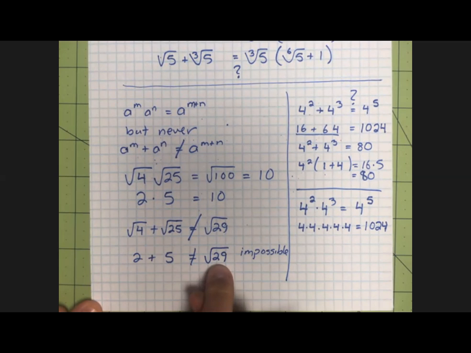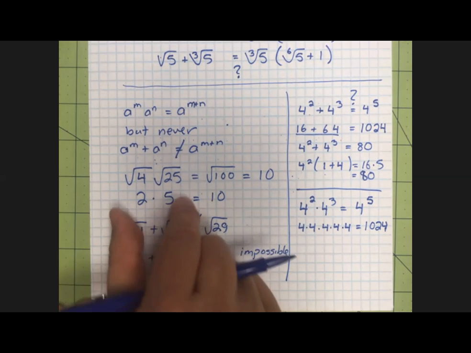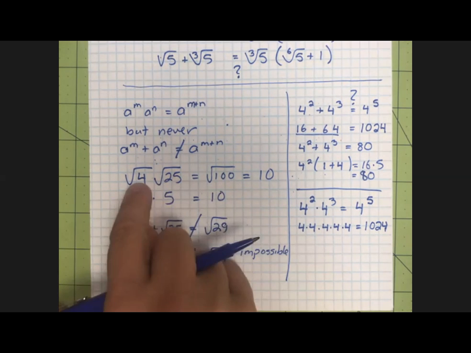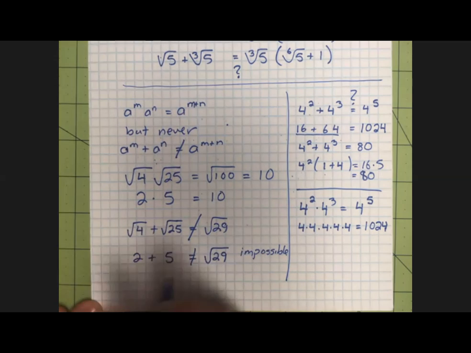The square root of 49 is 7. The square root of 29, I don't know what it is. It's some crazy number, but it's not 7. Okay, so when you're dealing with exponents or roots, you can combine exponents or roots when you're multiplying or dividing, people. You can never combine exponents and roots when you're adding or subtracting, people.